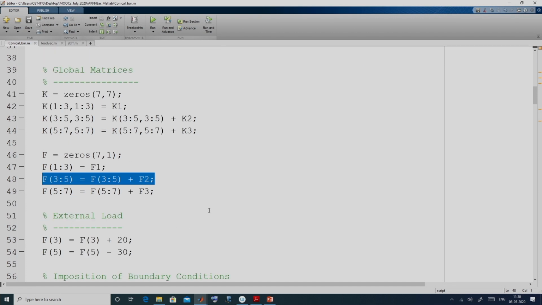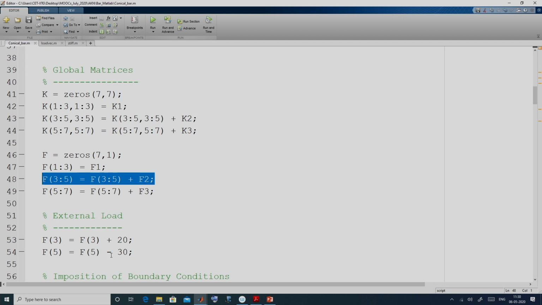Now, if you consider the point loads, after assembly, in the global load vector we directly add P1, 20, and subtract P2, 30, from the third and fifth entries of the global load vector.